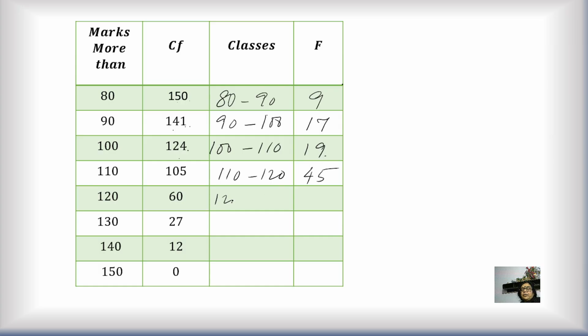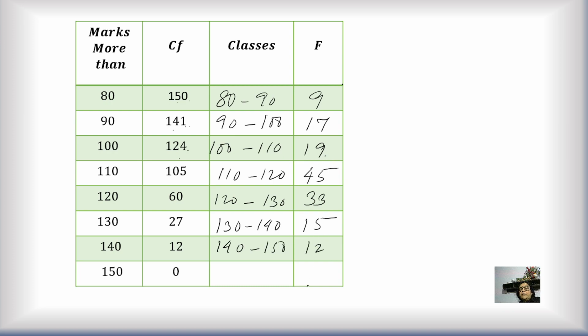Then we have 120, 130, that is equal to 60 minus 27, and that is equal to 33. Then we have 130 to 140, and that is equal to 27 minus 12, that is 15, and 140 to 150, that is equal to 12.